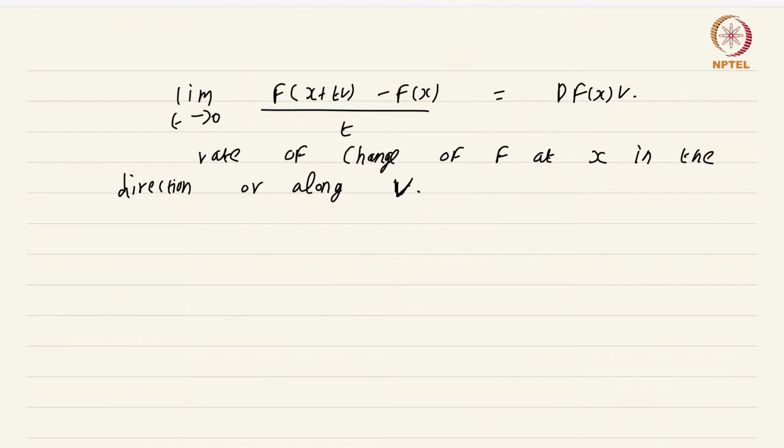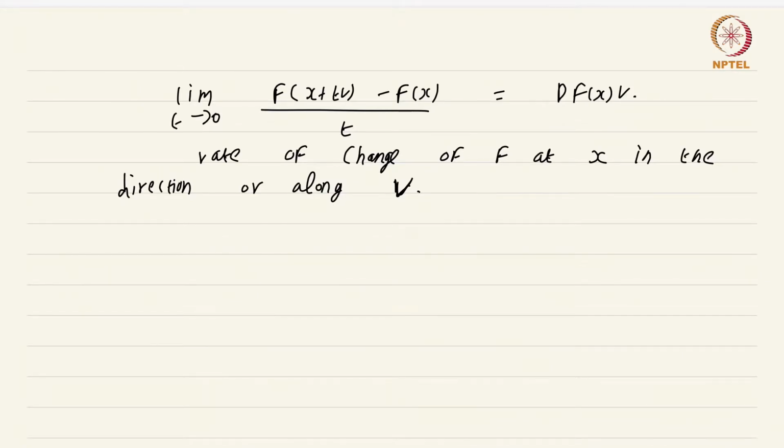The limit as t goes to 0 measures the rate of change in that particular direction. The new thing we have got is that if f is differentiable at the point x, this is in fact equal to df_x(v). So the derivative linear functional df_x allows you to compute the rate of change in each direction.